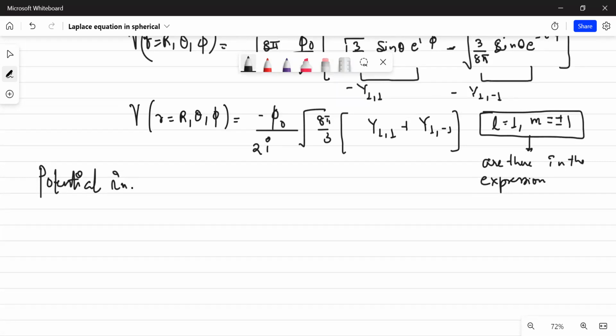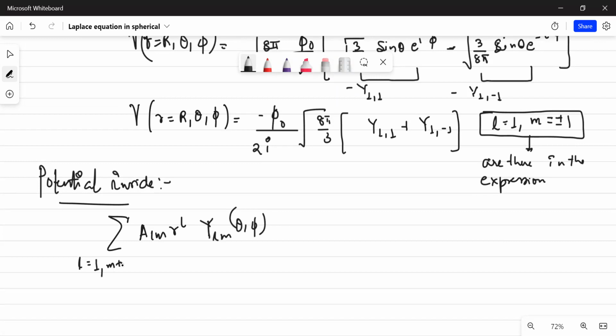So potential inside is given by summation A_LM, then R raised to power L, and then the spherical harmonic Y_LM of theta comma phi. You have to remember that only the L equals 1 and M equals plus minus 1 terms would survive. All other terms are 0.